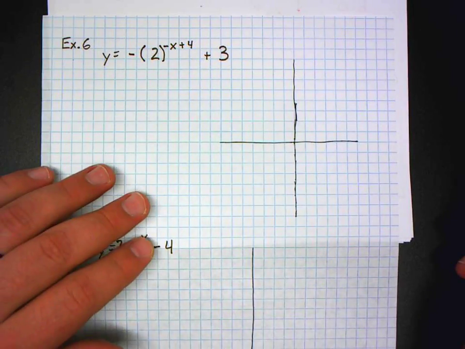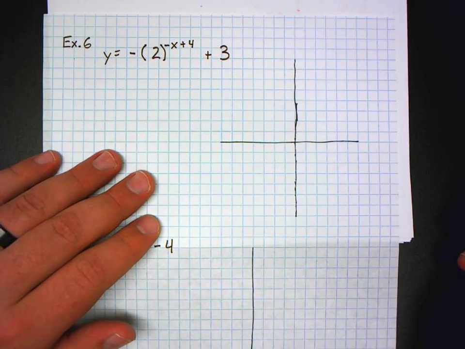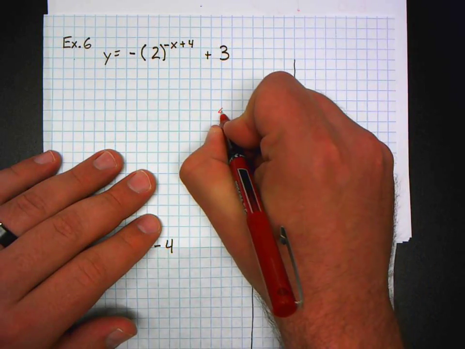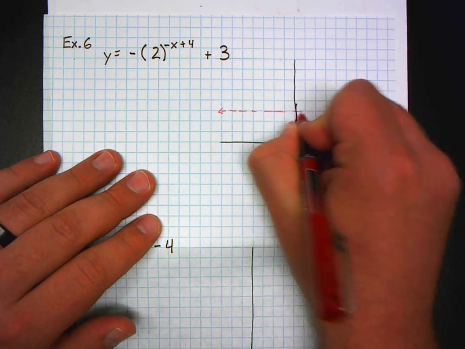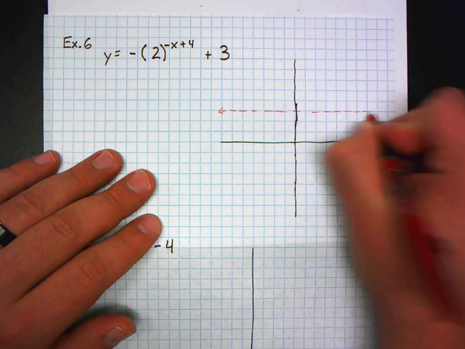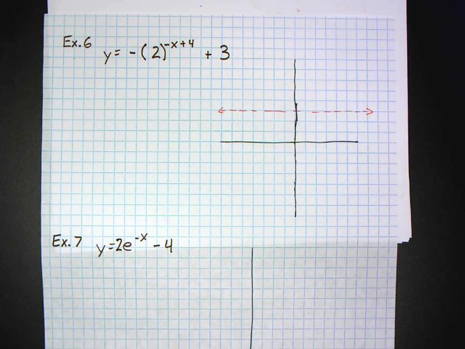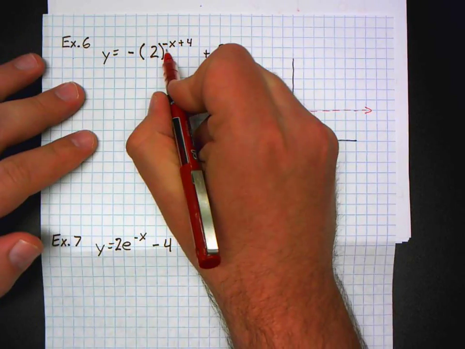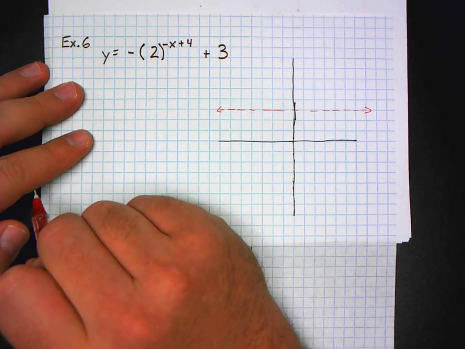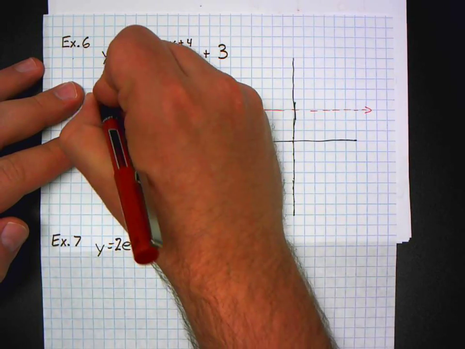Where's my asymptote? At 3. Okay, you have to be careful. What is my h value? No, it's 4. If I take this negative has to go in here to this 2 in order for me to get this graphed correctly.